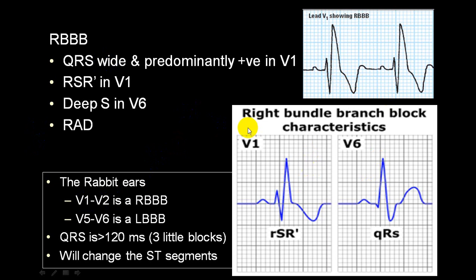So in RBBB, in V1, you get an RSR' pattern. Second R is taller than first R. And in V6, you have a deep and broad S wave, that is in favor of what we call RBBB. And you may or may not have a right axis deviation. So that is RBBB.